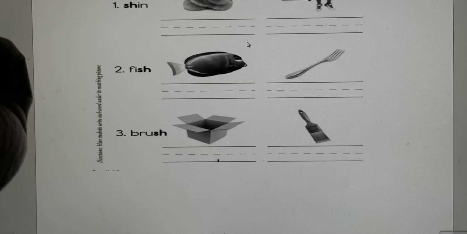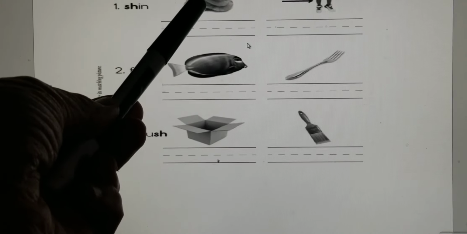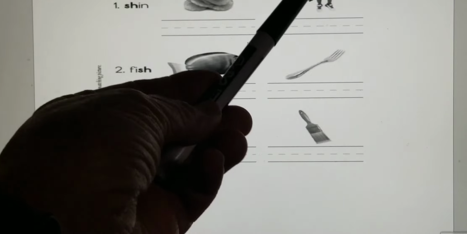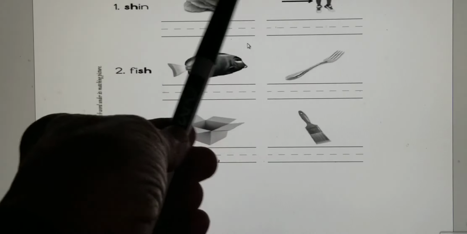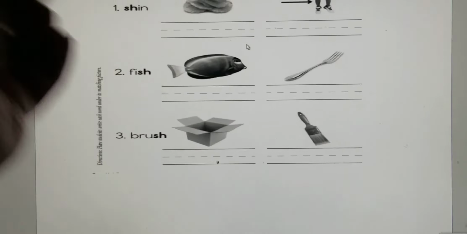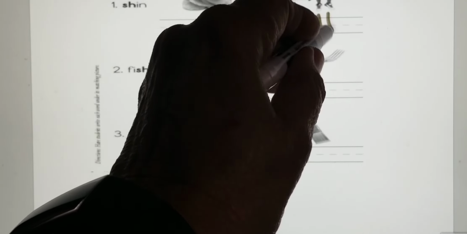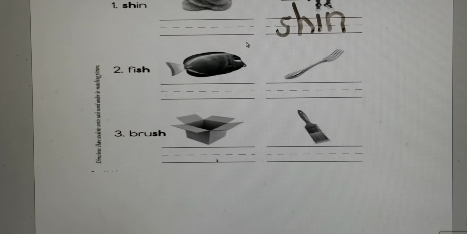We'll do the first one together. We know that this one is chips. And this one is a shin. So which one is the shin? One or two? You would put it here, shin. S-H-I-N. Okay?